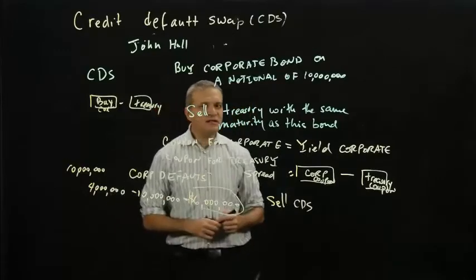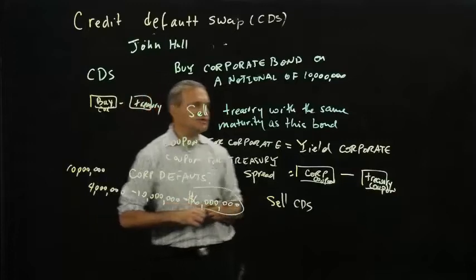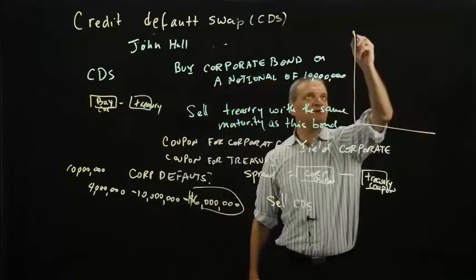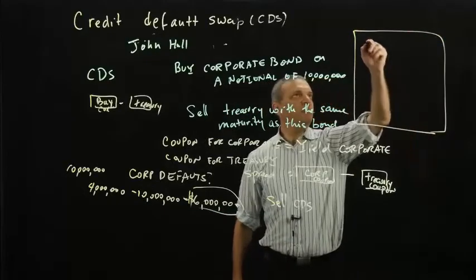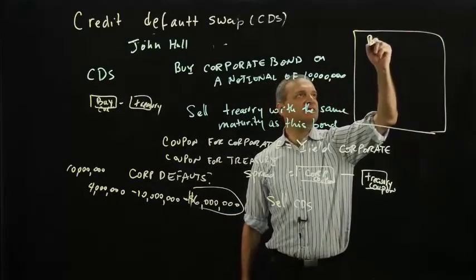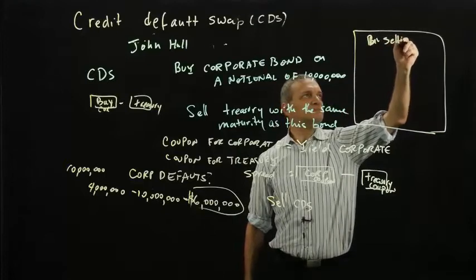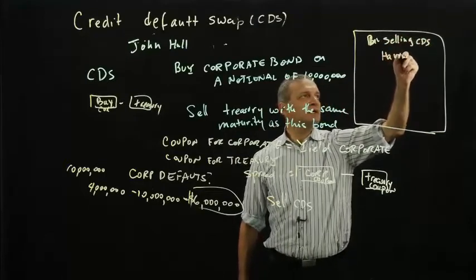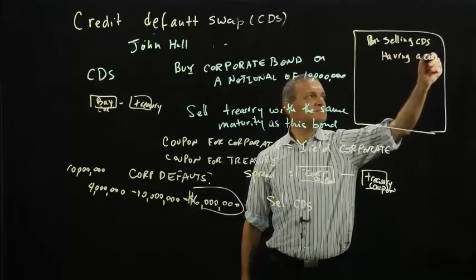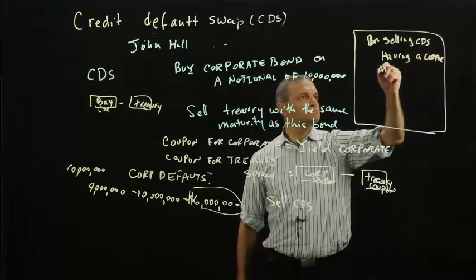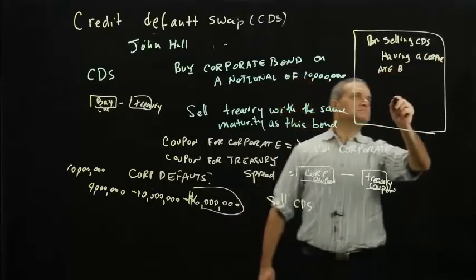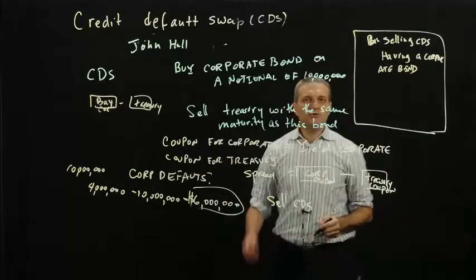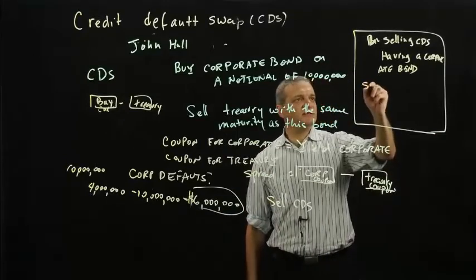Hence, this is a very interesting conclusion that you can reach, and it's kind of a dirty secret: selling CDS is like having a corporate bond. So you're having a corporate bond and you're short the treasury.